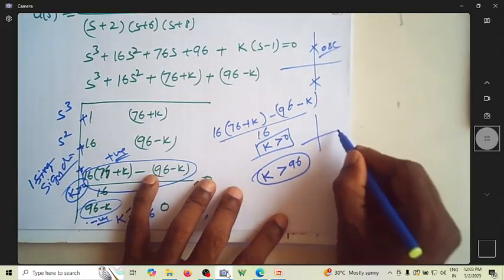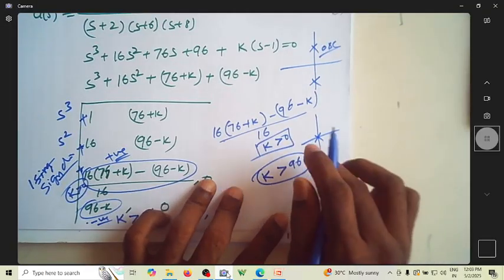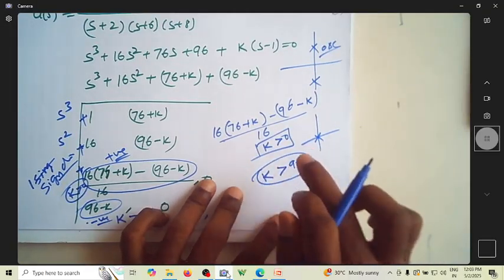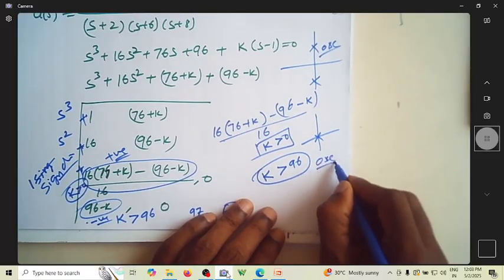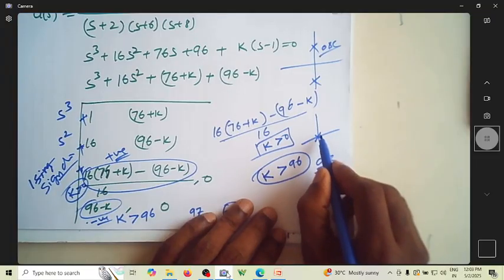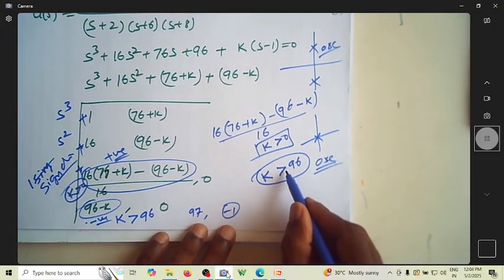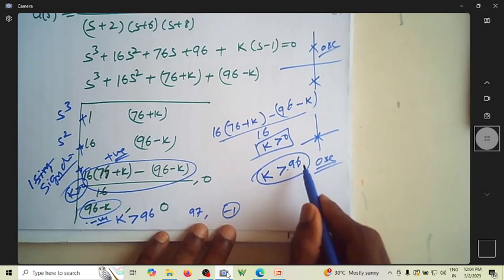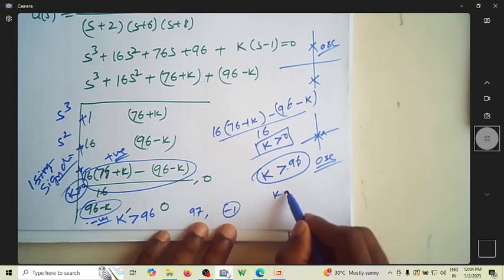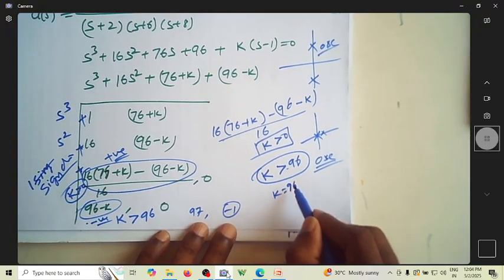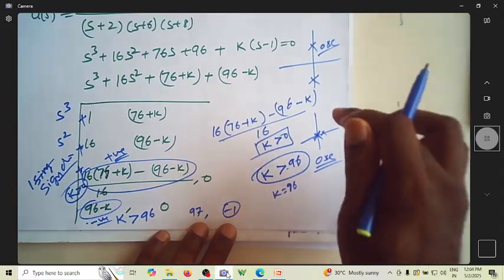If the system has only one pole, then the system has a closed loop pole on the real axis. Now the system is not oscillatory, but for values of k greater than 96, the system becomes unstable. For the value of k exactly equal to 96, a pole will come onto the origin.